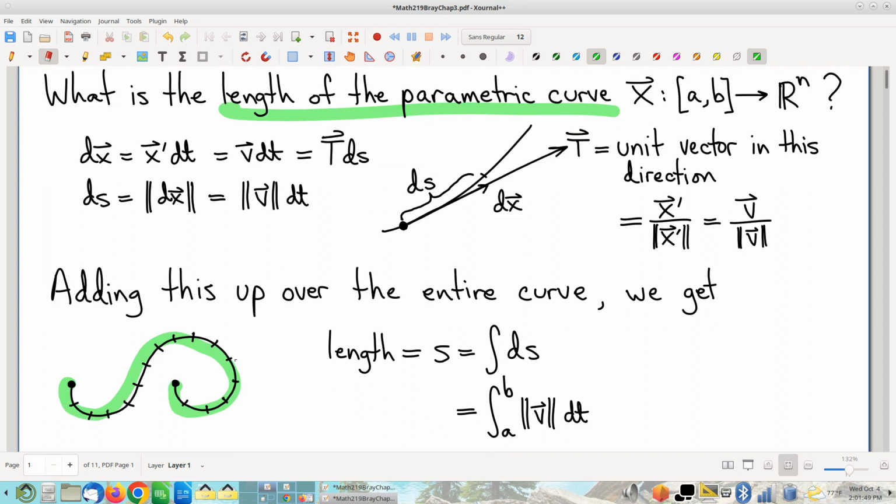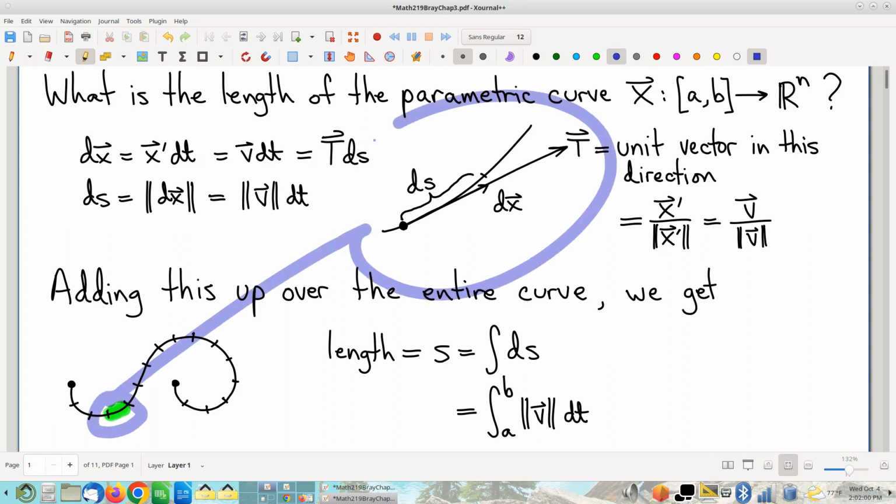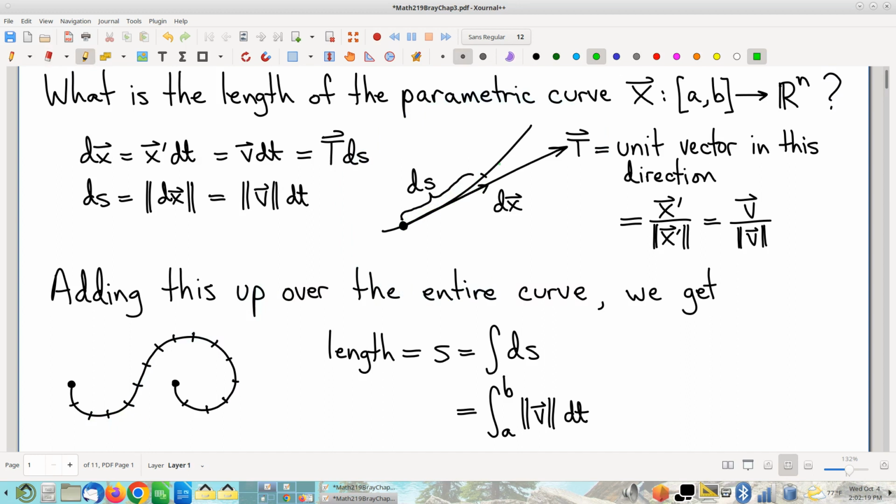You can probably imagine one of the first things I'm going to need to do is to figure out, okay, some little piece of that curve. Right? If I look at some teeny little piece of that parametric curve, and I'm just going to blow up that one little piece right here. Right? How would I kind of get my hands on that? What's the foot in the door that allows me to compute what that length is? Okay, so several things to say. First, I want to talk about this thing called the position differential.